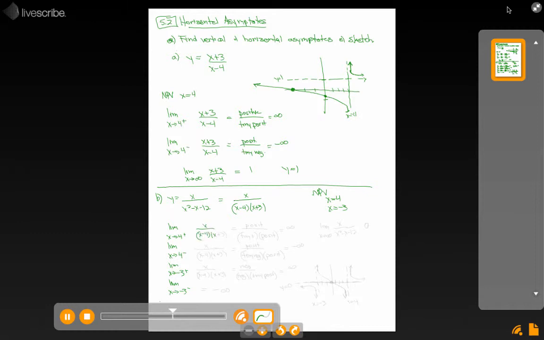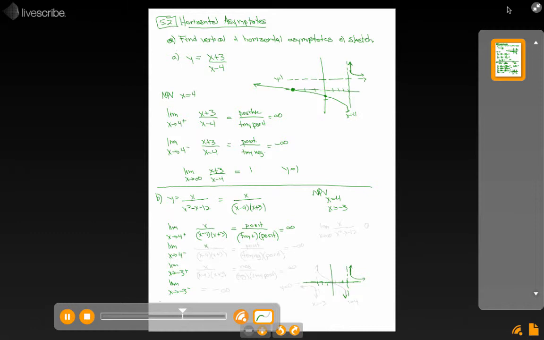So x over x minus 4 times x plus 3, we're going to have a positive over a tiny positive and another positive, and so we're heading towards positive infinity here. So we can have a little sketch that as x approaches 4 from the right, we are heading towards infinity.